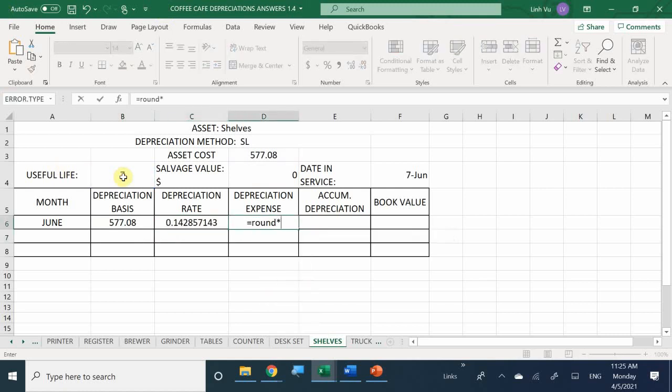So what's the depreciation expense for the month of June? $6.87.